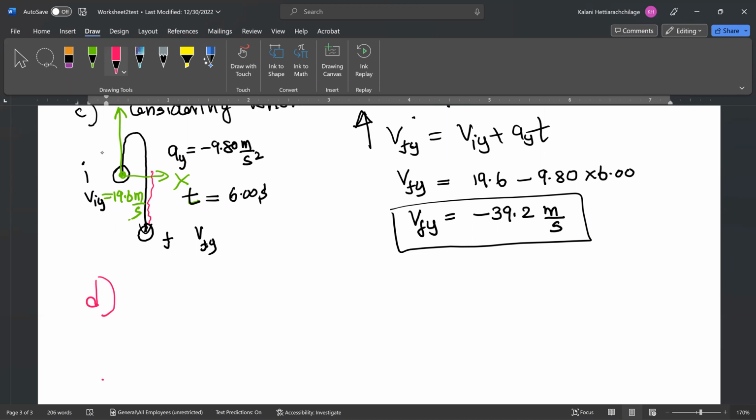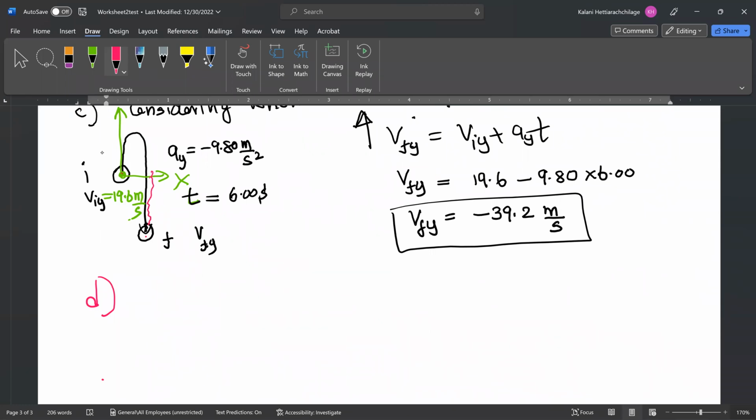So if I use exactly the same consideration that I used in part C, I can use the same consideration for part D, because the displacement is the one that I need, this red distance. That means if I know this place and this place, then I will be able to find the displacement, right?